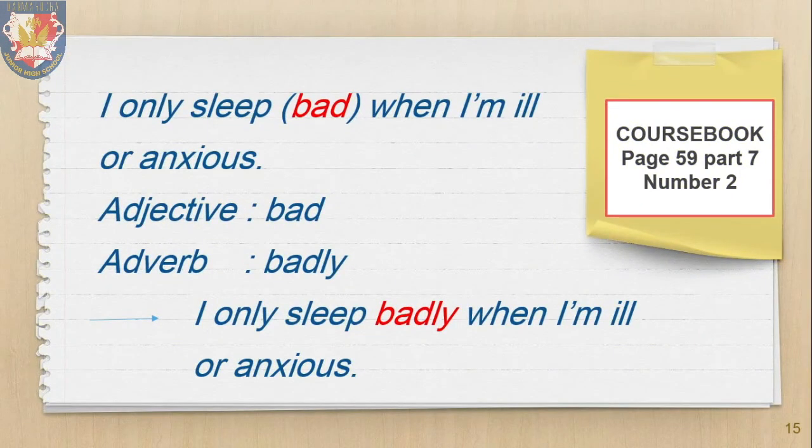Let's see this example in your coursebook, page 59, part 7, number 2. I only sleep bad when I'm ill or anxious. Bad is the adjective and badly is the adverb. So it becomes, I only sleep badly when I'm ill or anxious.